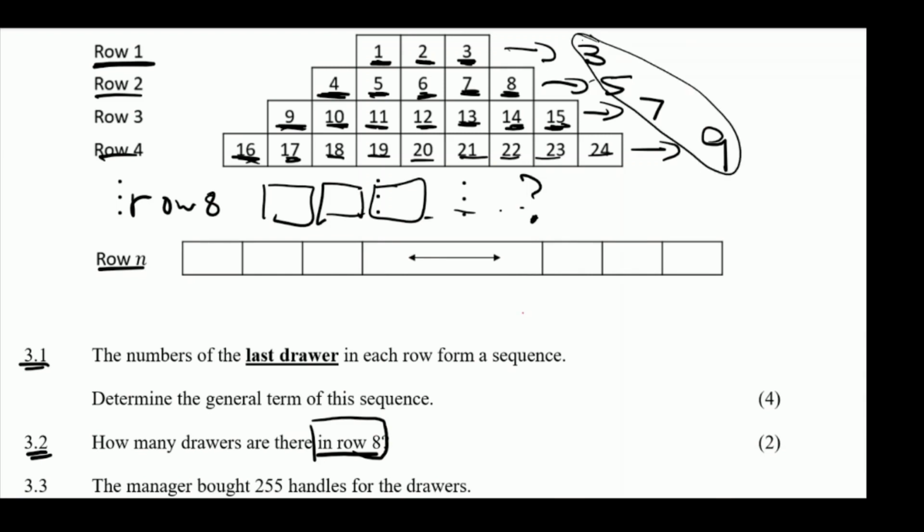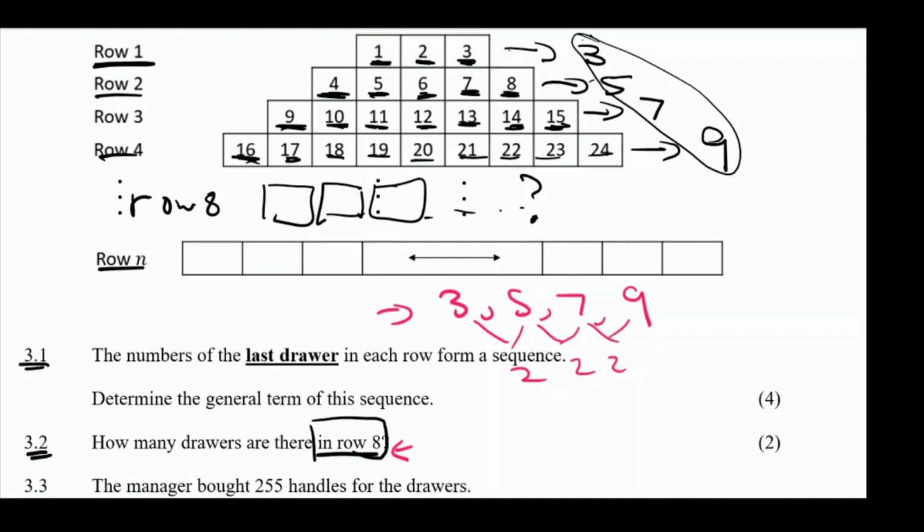So we have 3, 5, 7, and 9, right? For us to find the number of drawers of row 8, we need to find the general term of this sequence. The difference of this sequence is 2, so it's constant throughout.